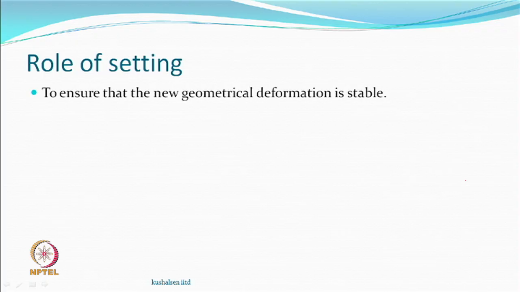What is the next step? Setting. So, we are quite sure setting is important. After all, you do all the hard work by twisting and you do not want to be undone. Let us say it is a thermoplastic material and you are heating. So, release of energy may have been the mechanism of setting, right.